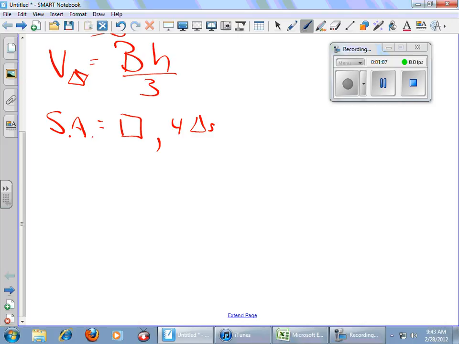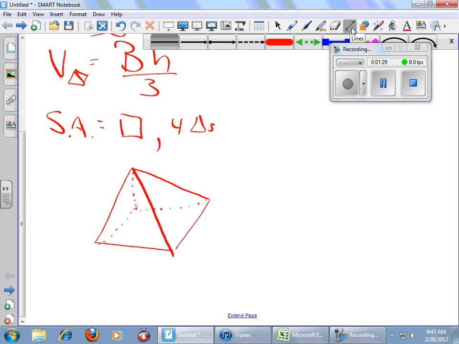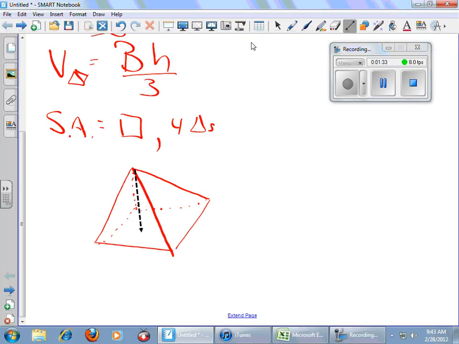Okay, so let's just do a standard square-based pyramid. Okay, it's kind of going like that. And then I'm also going to need to include this piece here, and I'm going to put that at a right angle.